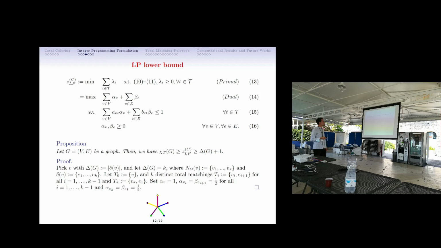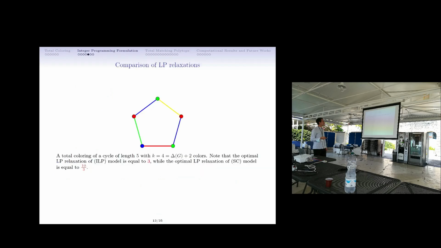We can set the weights in the following form: 1 for the vertex v itself and 1/2 for the other weights, and summing up all these dual values, we get delta plus 1.